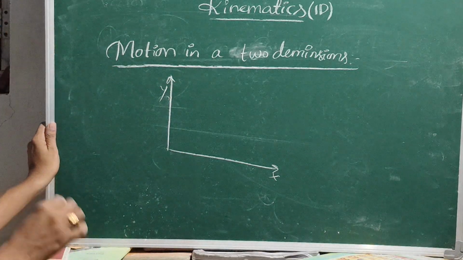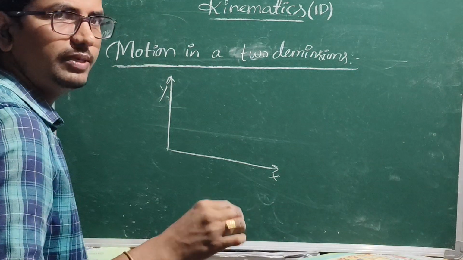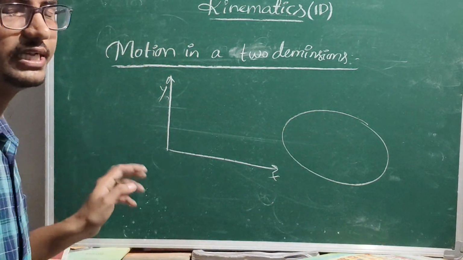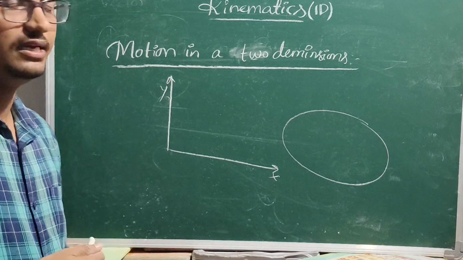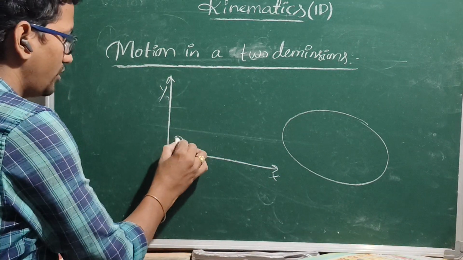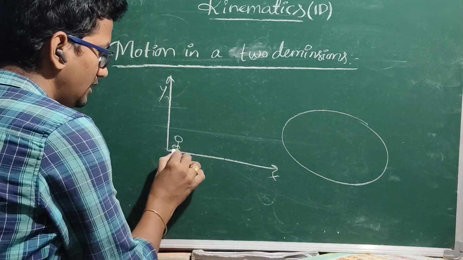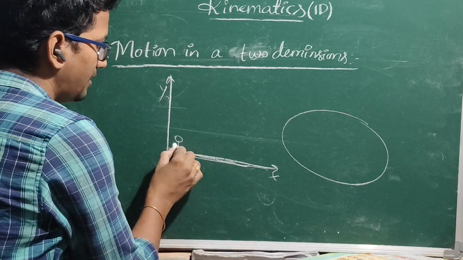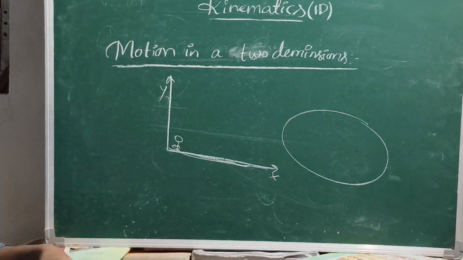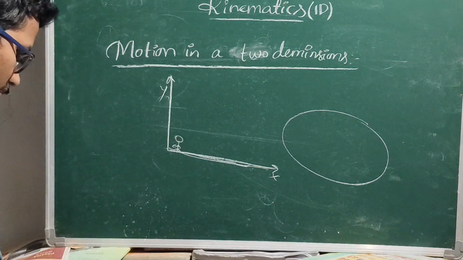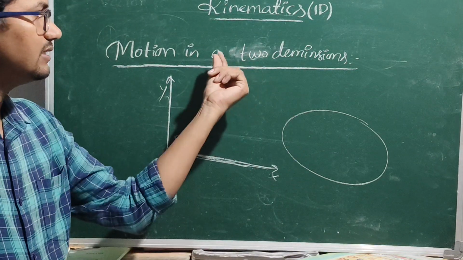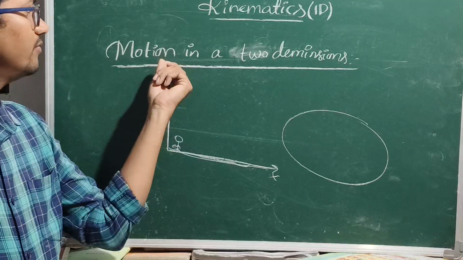From this we can simply say the particle will be in a circular path. We take the two-dimensional way along the x-axis or along the y-axis. A person walking on the road is moving along the x-axis. By comparing to the x-axis and the y-axis, two coordinate systems, it is considered two-dimensional. A particle moving along a curved path is always considered two-dimensional motion.